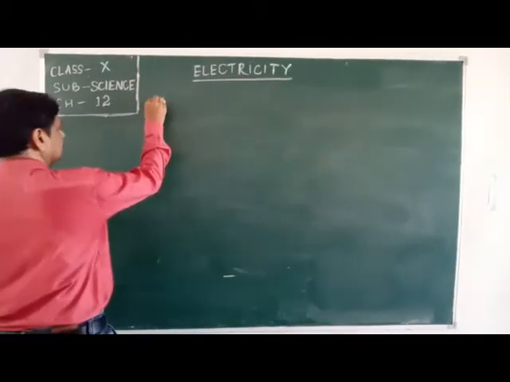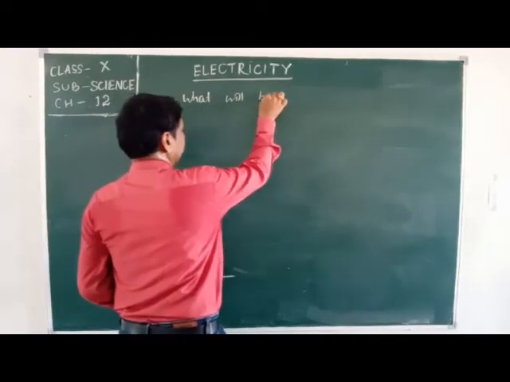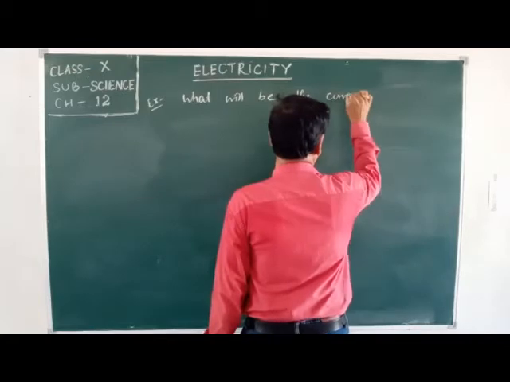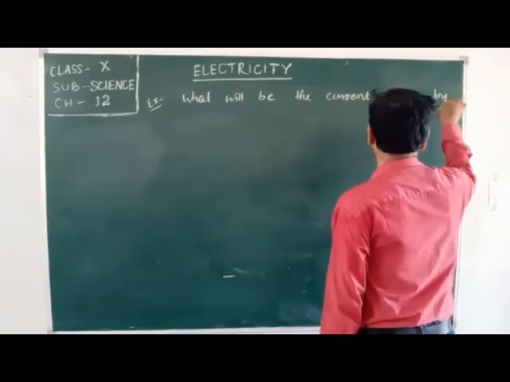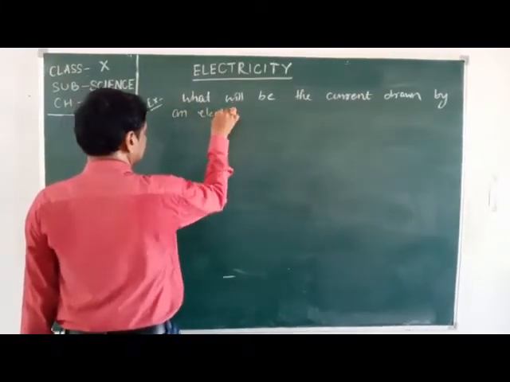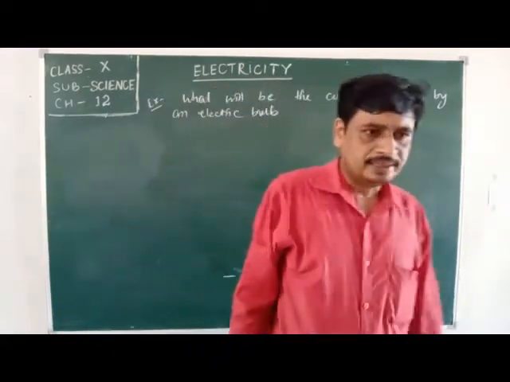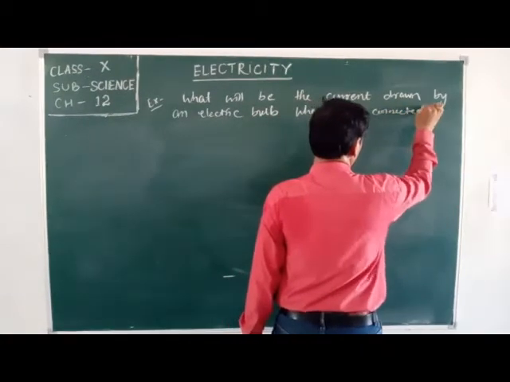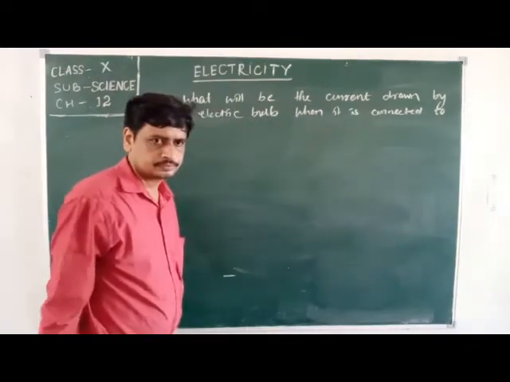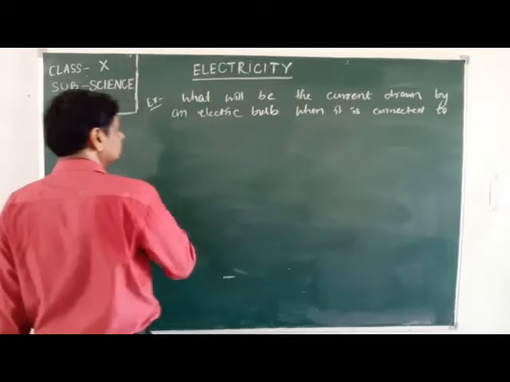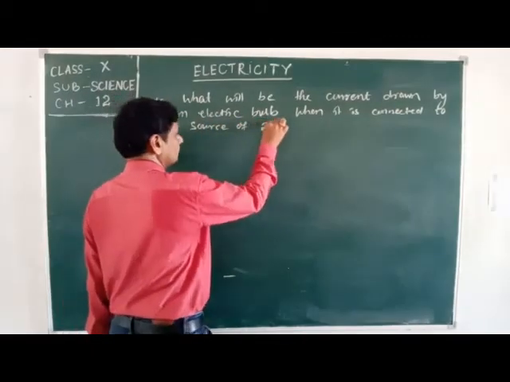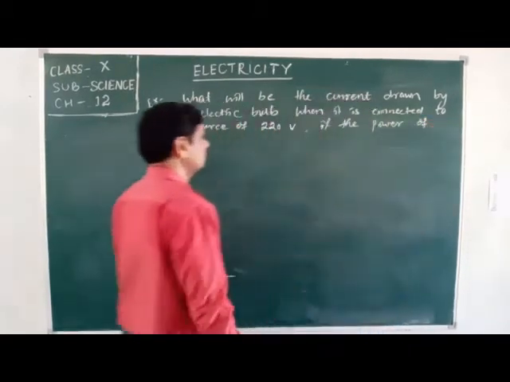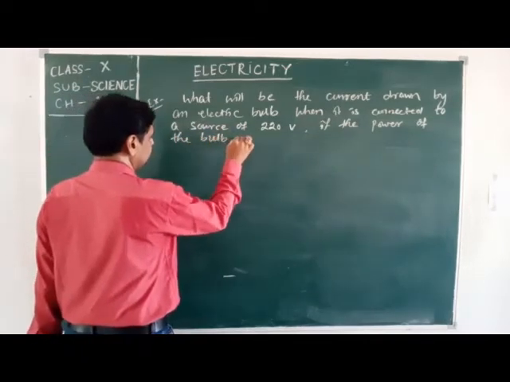One example. What will be the current drawn by an electric bulb when it is connected to a source of 220 volt, if the power of the bulb is 40 watt?